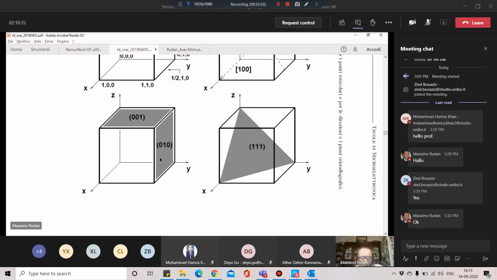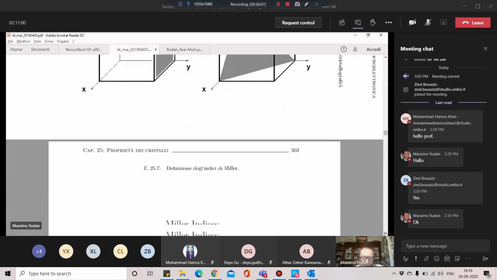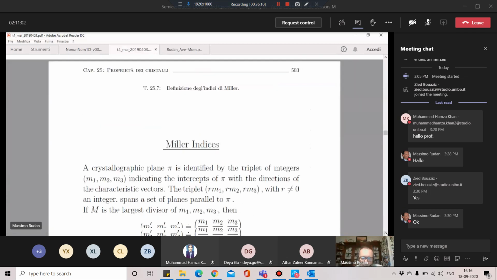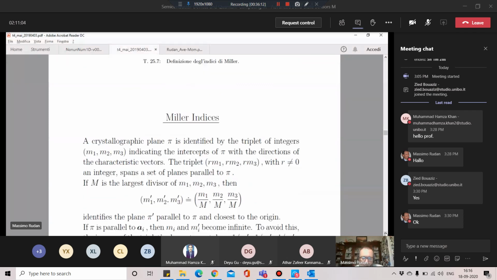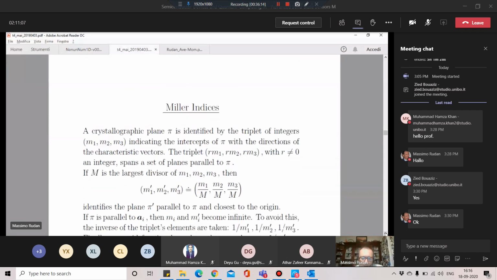And this one, parallel to the z and x axis, has the indices 0, 1, 0. Okay, and this is 1, 1, 1. Nothing changed. So now we have a general procedure suitable for describing nodes, crystal directions, and crystal planes.